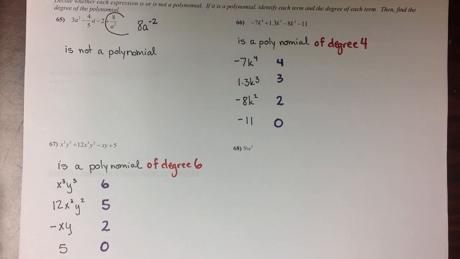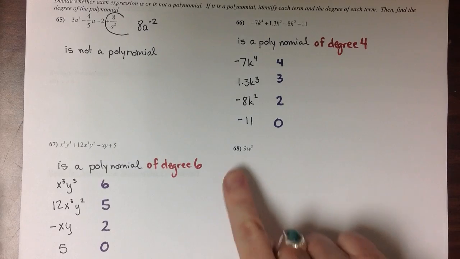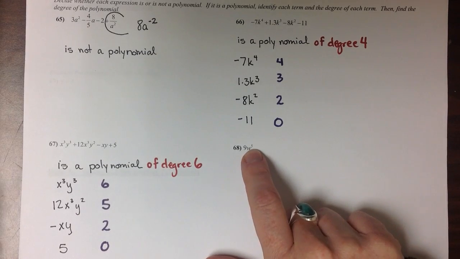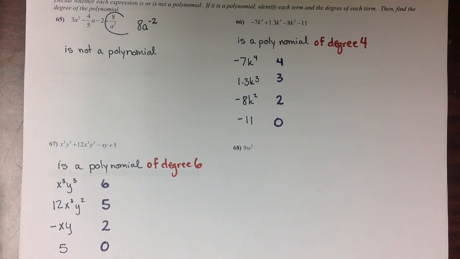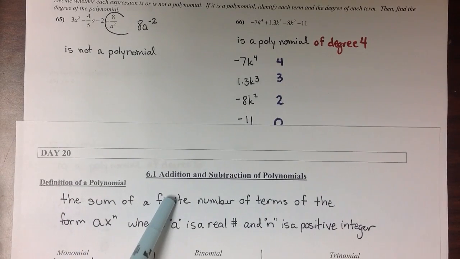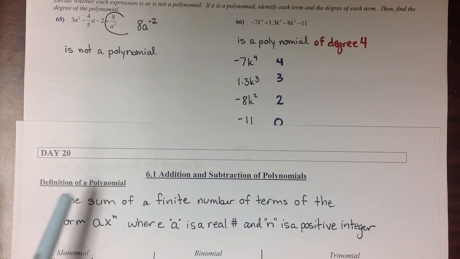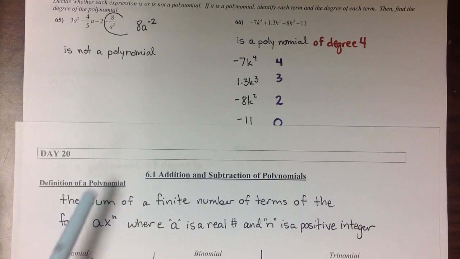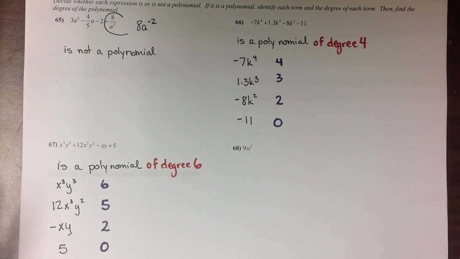Then looking at our last example, we have 9w to the 5th. And if you remember back to the definition, it can be a sum of a finite number of terms. So in this case, we're only adding one term, or we only have a single term, meaning that not only is this one a polynomial, it's a specific type of polynomial, known as a monomial.